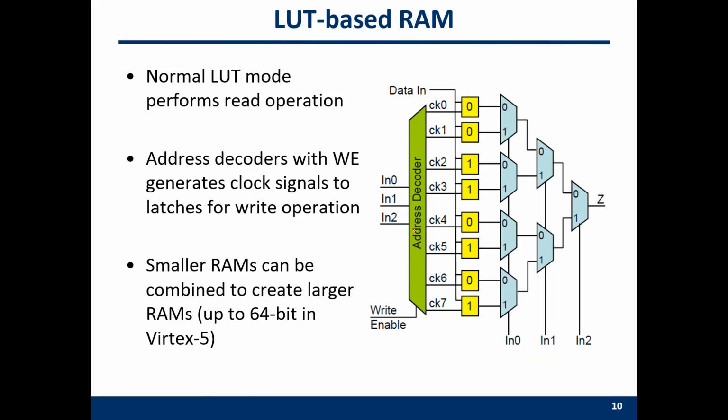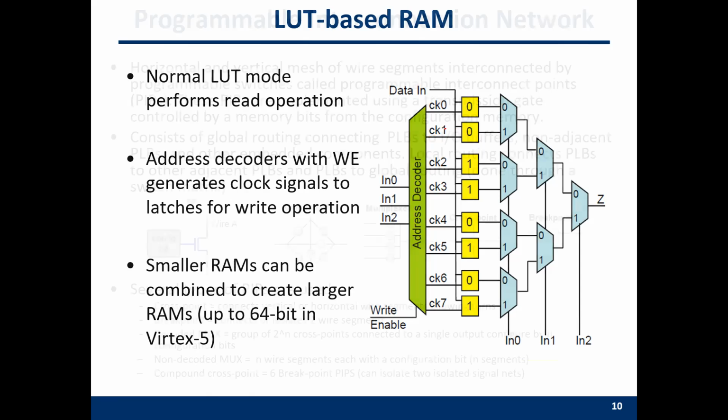Then you need an address decoder to enable one row and change the content inside this row. So these smaller RAMs can be combined into a larger RAM array in some advanced FPGA boards, but you need those reconfigurable connections.